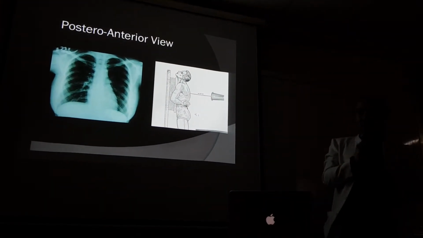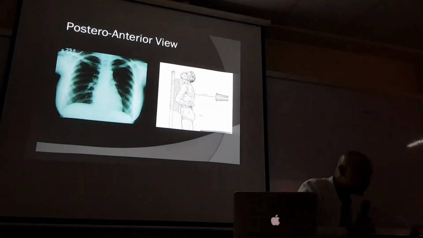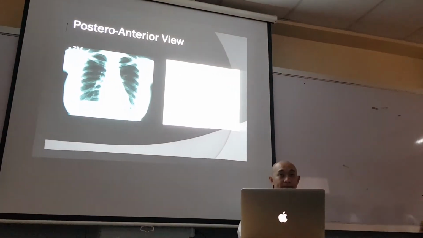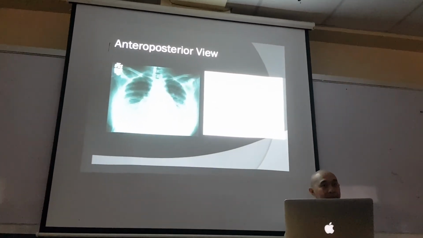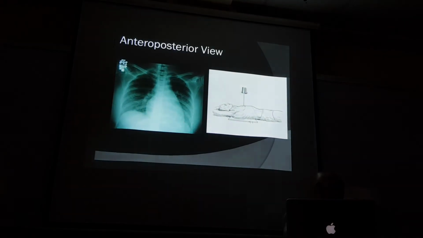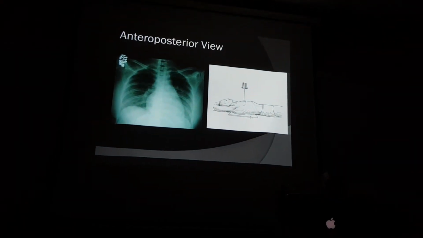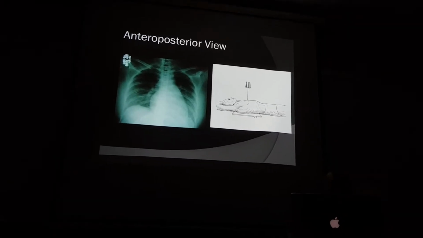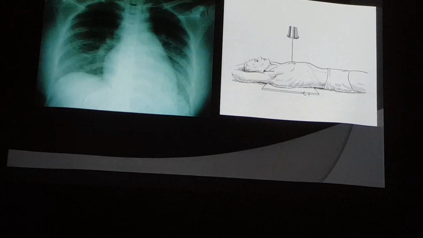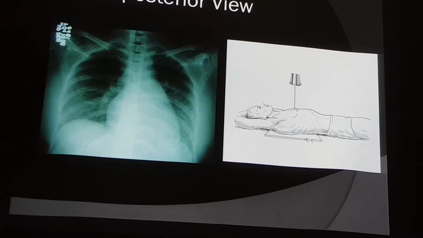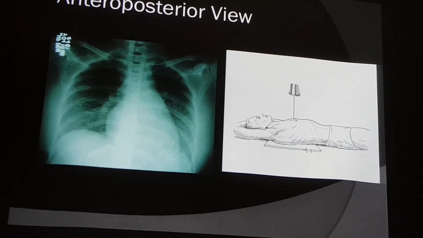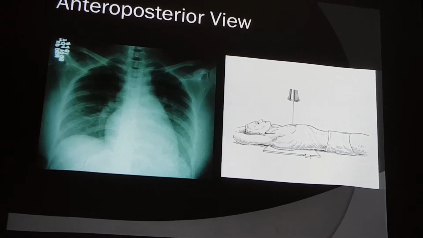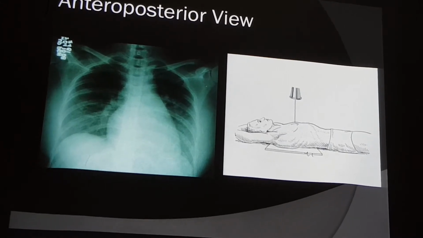But unfortunately, not all patients can tolerate this position. Of course, you have toxic patients and pediatric patients whom you cannot instruct. So the PA view is usually only for adults who can, or young children who can understand the instructions or can tolerate the position. If your patient is bedridden, you have no choice but to take the X-ray with the patient on the bed.